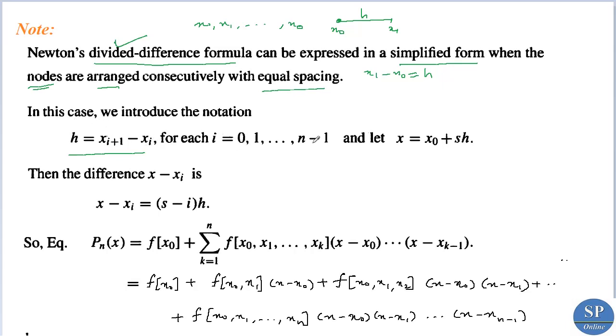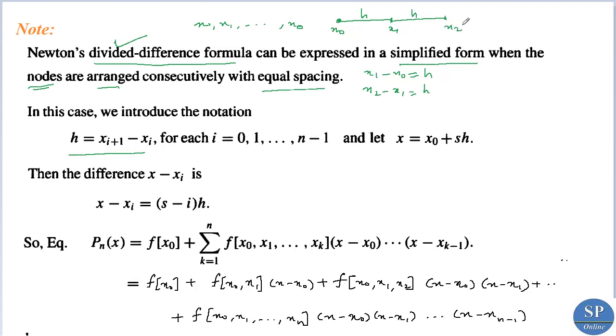For i from 0 to n minus 1, when i equals 0, we have x1 minus x0 is equal to h, and when i equals 1, we have x2 minus x1 is equal to again h. That means x2 is placed at a distance h from x1.